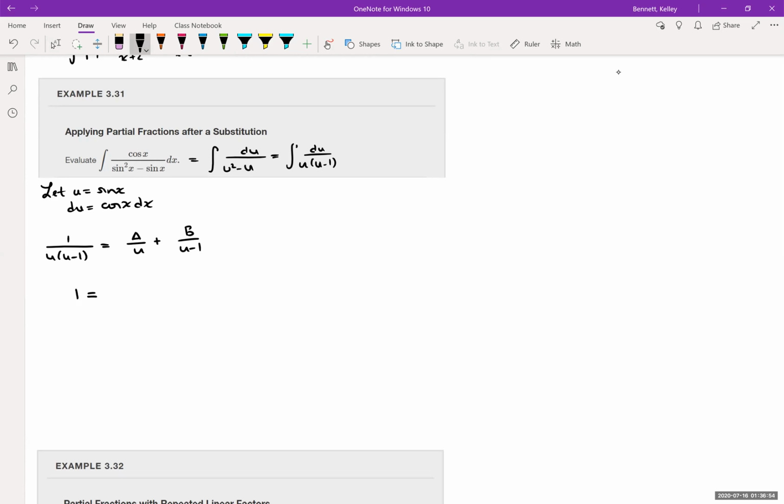Clearing out the denominator, I'm going to get A times u minus 1 plus B times u. So my killer u's are 0 and 1. So if u equals 1, nothing happens to the left side ever. But if u equals 1, A goes bye-bye. And I just get that 1 equals B.